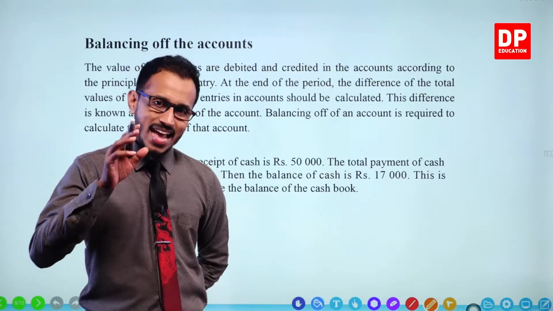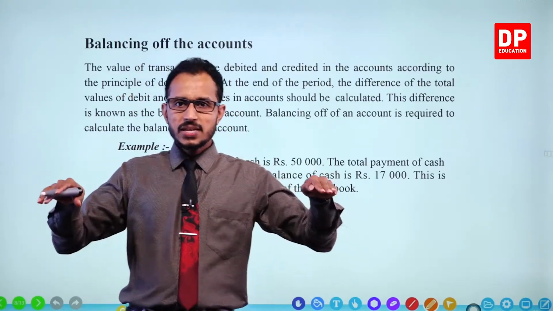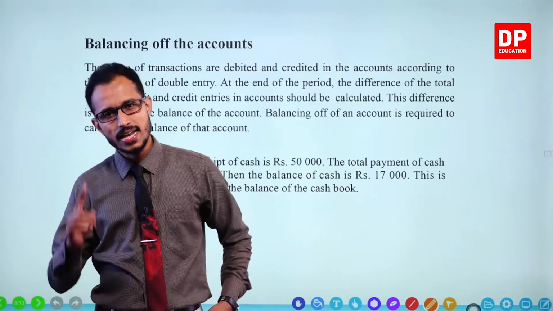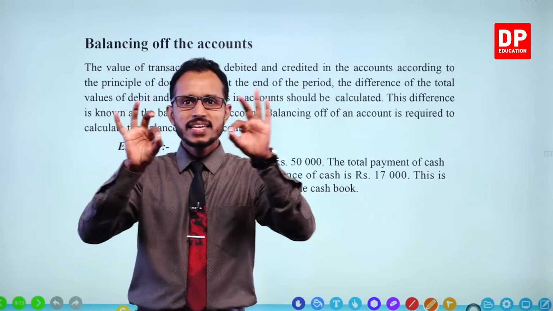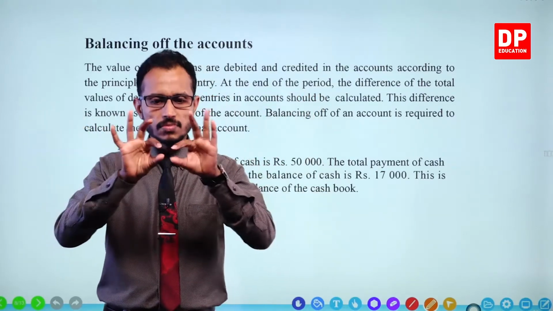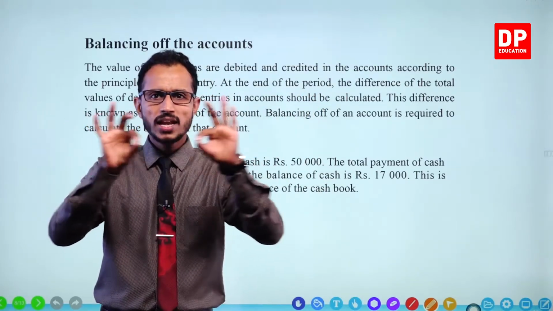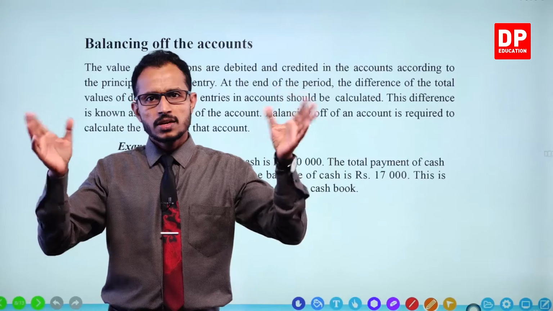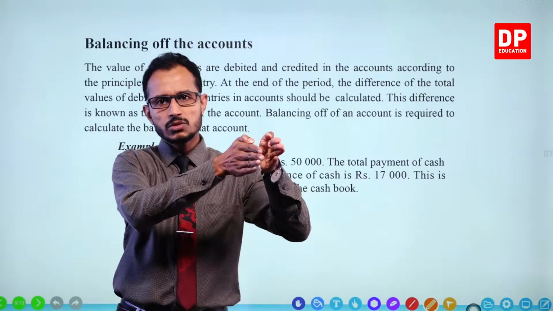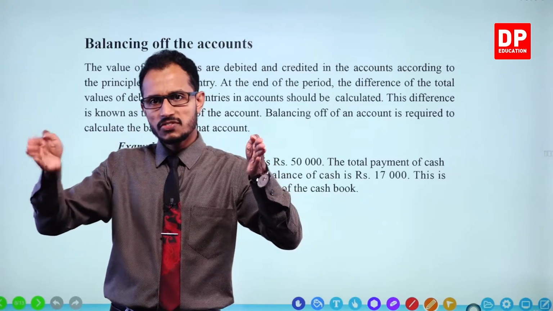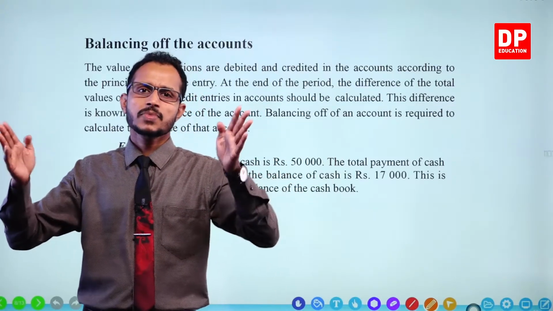Children, an accounting period is a period of 1 year. If the year starts on 1st of January, it goes up to 31st of December.